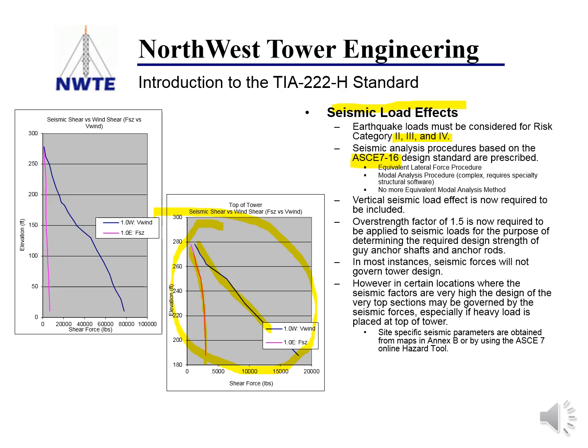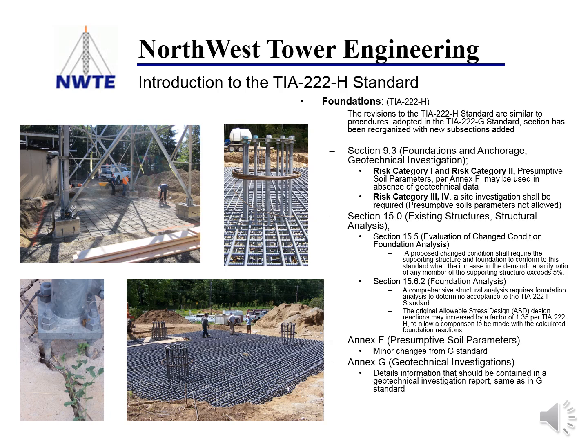So what that means is, for most of the instances we look at, we find that the wind will govern over the seismic. However, we would note there are instances where if you have a very heavy antenna at the very top of the tower, these lines can cross and seismic will govern. So that's part of the reason why we have to consider it.